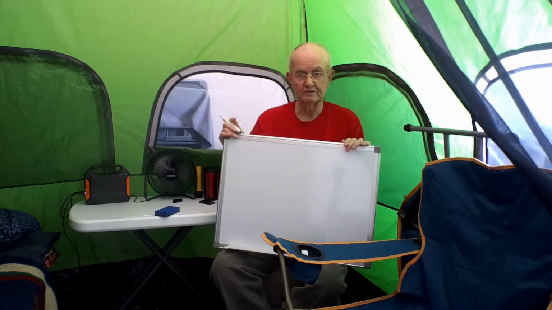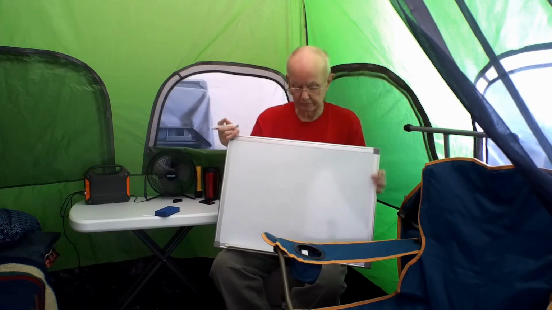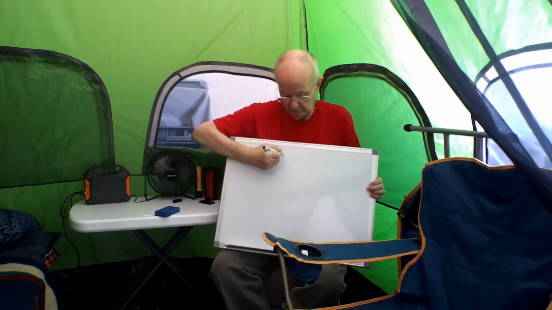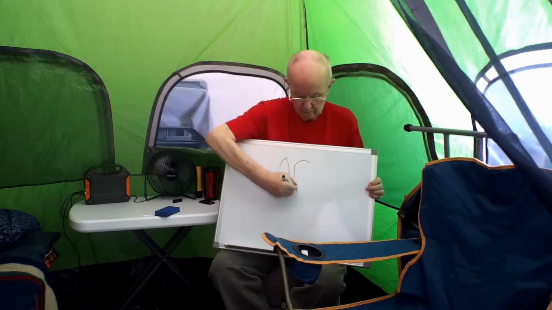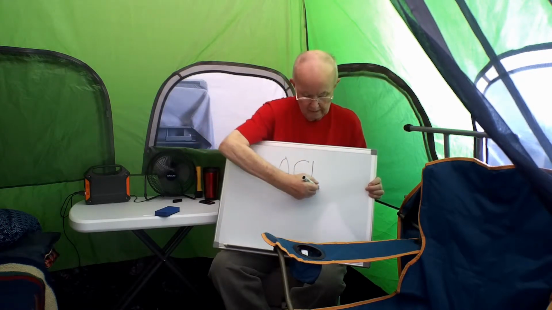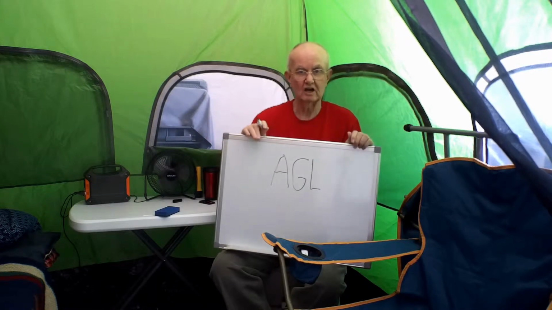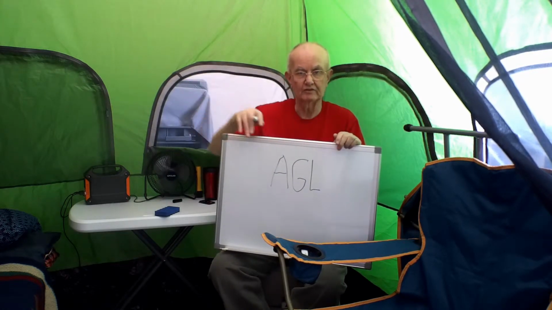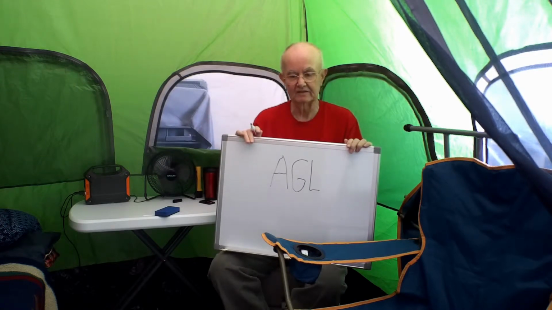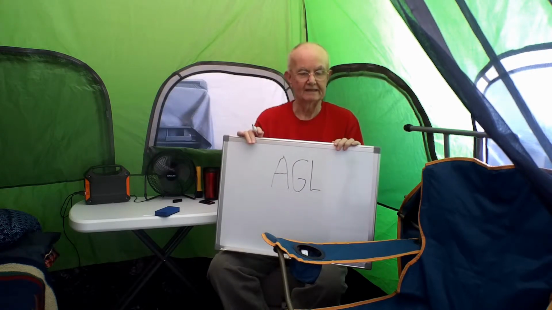So one of the terms I want to talk about is above ground level, AGL. When we talk about AGL, we're talking about how far we are above the ground that's below us. That's important to us because we make a lot of decisions based on it.